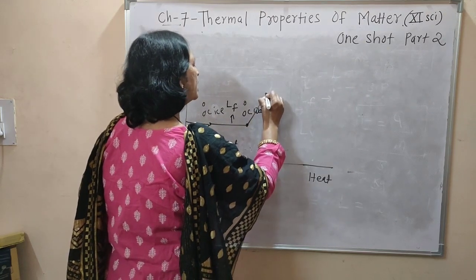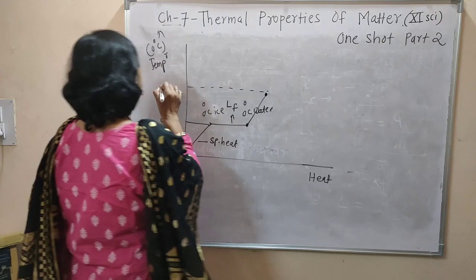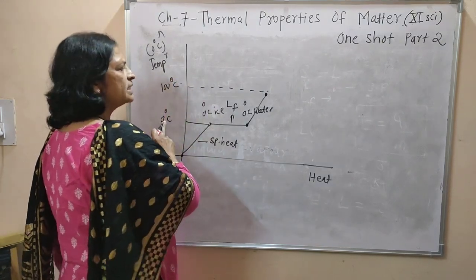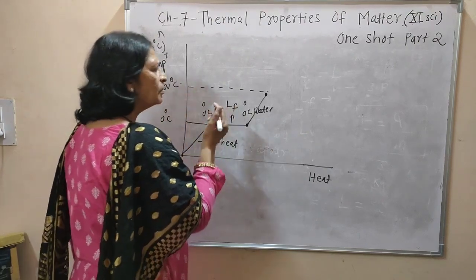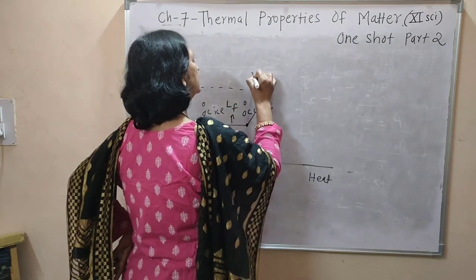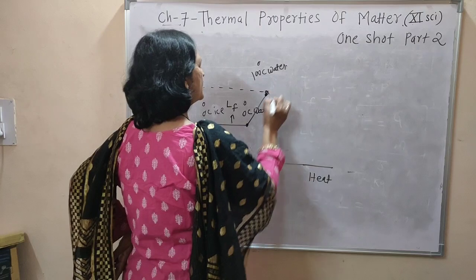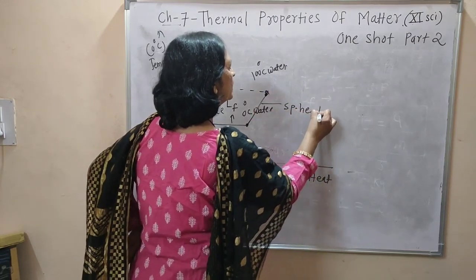Now we have to increase the temperature of this water up to 100 degree Celsius. 0 degree Celsius is the melting point, and 100 degree Celsius is the boiling point. For that purpose we supply heat, that is nothing but specific heat.